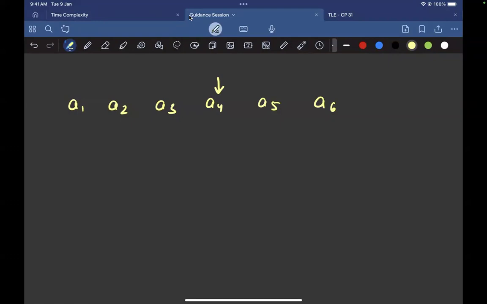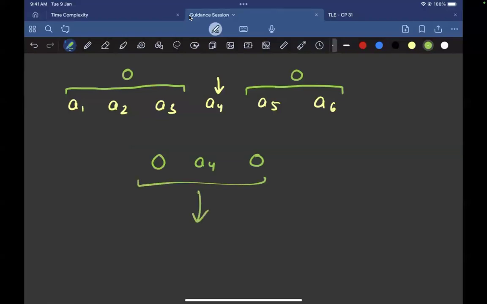What can I do? If I want this A4 guy to remain at the end, that means I basically want that this portion turns out to be 0, and this portion also turns out to be 0. So if the elements could have been 0, A4, 0, then at the very end, you would have actually gotten A4.